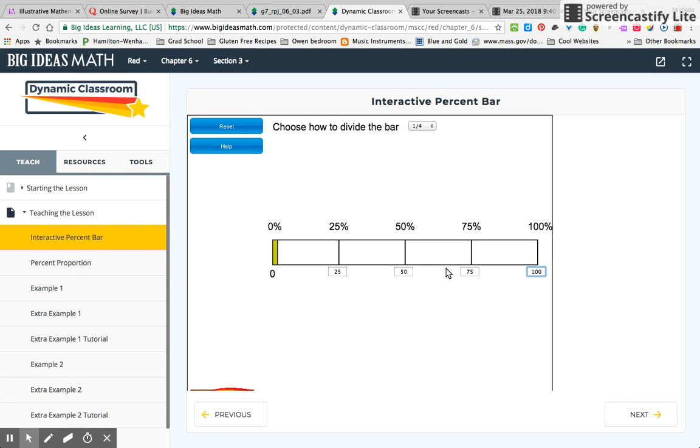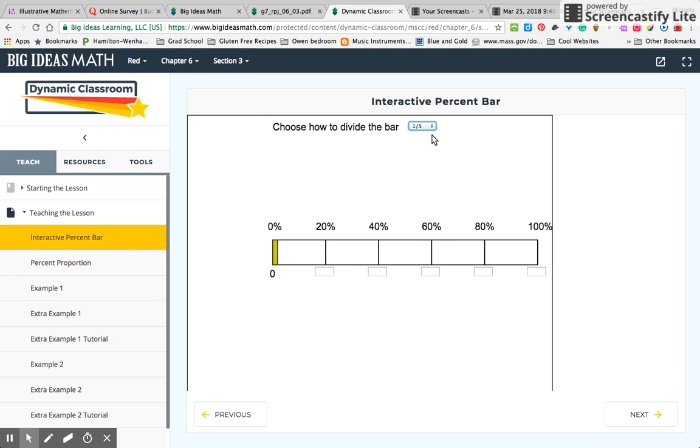And for our last one, we've got 45. So that one is a little bit harder because it doesn't come out even. We can't get that right on the number bar.